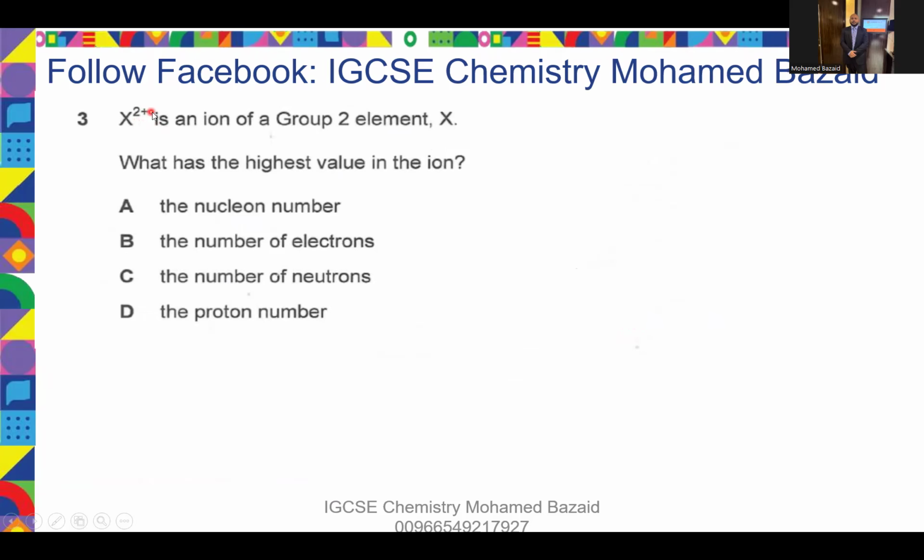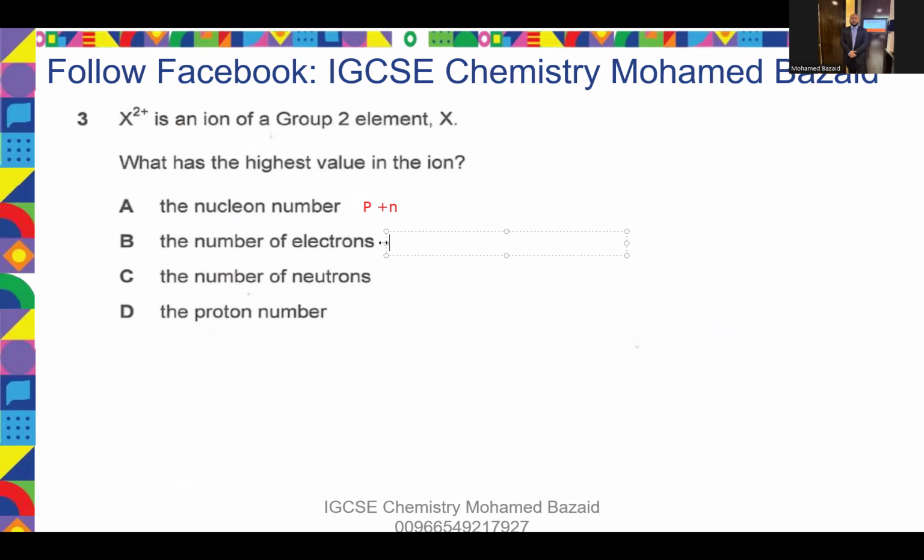X with charge 2+ is an ion of a group 2 element. What has the highest value in the ion? Is it the nucleon number? Nucleon number is the sum of protons and neutrons. Is it the number of electrons?